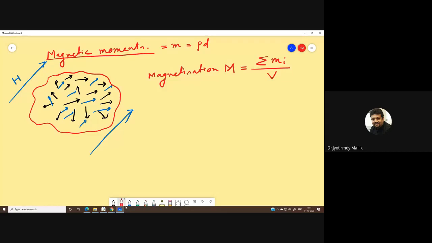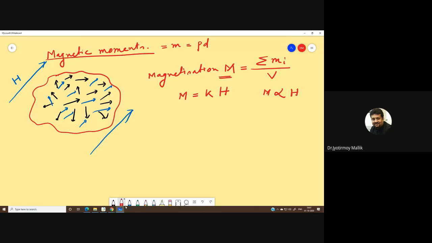And that is a very famous formula that I want you to remember. M equals KH. Okay, so M is essentially directly proportional to H. So that means if I have a stronger inducing magnetic field, I will have more alignment. So that means my magnetization will increase.